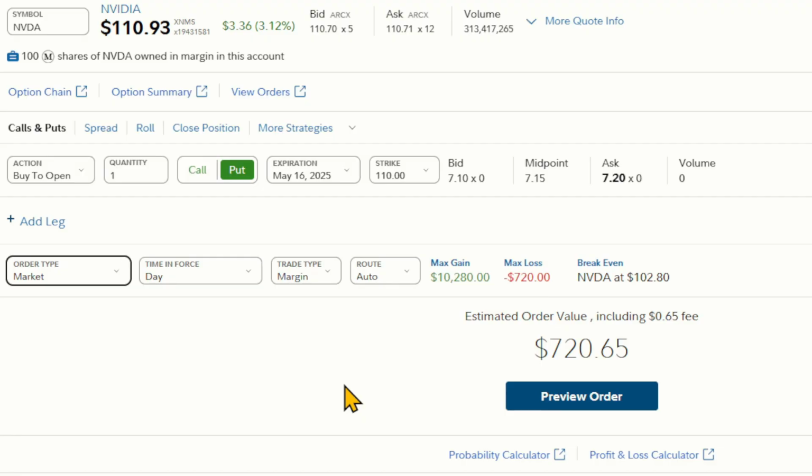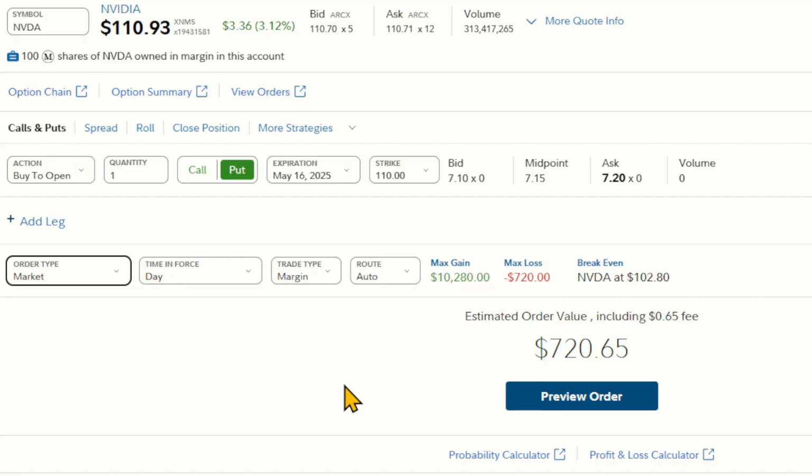So you still paid $720 to have this option. That money is gone, but now you'll be credited $11,000 in your account, right? At 110 strike price times 100 shares, you'll see a credit of $11,000 in your account, even though NVIDIA is only worth $100 a share or $10,000. That's where that $1,000 comes from.